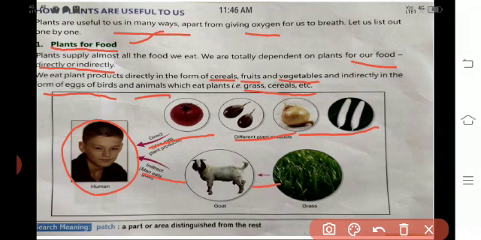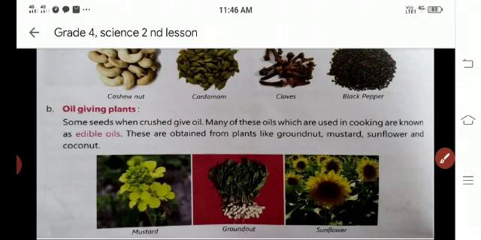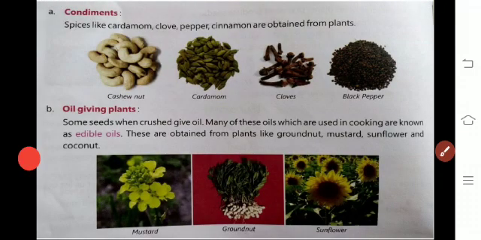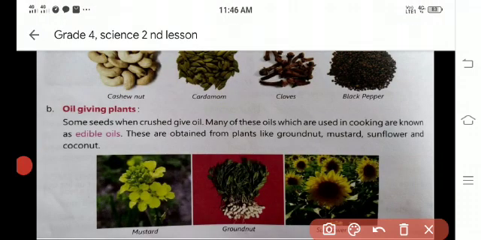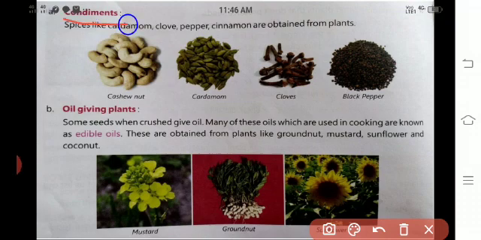Next, the word meaning: patch, a part or area distinguished from the rest. Next one, condiments.